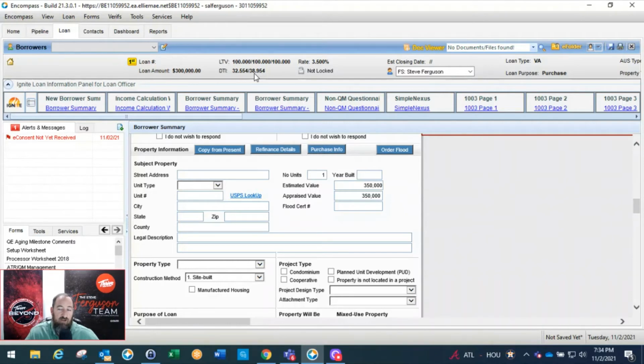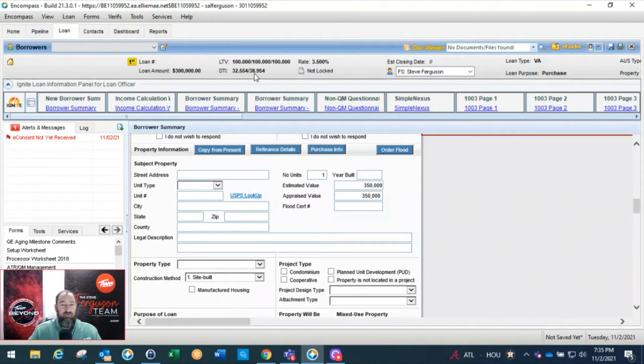Okay. So the cool thing about VA loans is there's not technically a restriction on how high your debt to income ratio can go. VA uses what's called residual income in order to calculate how likely you are to make your mortgage payment.